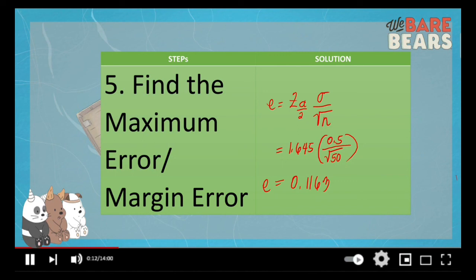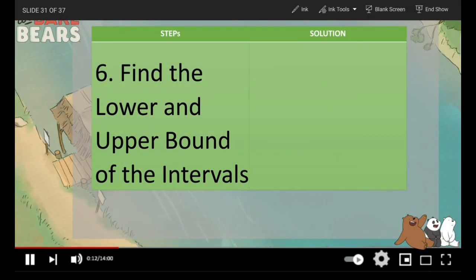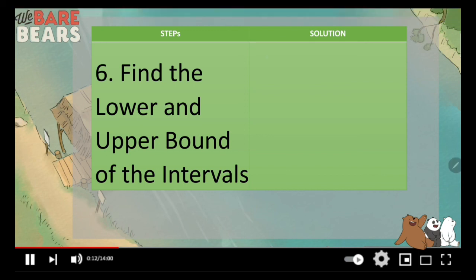After finding the margin of error or the maximum error, we may now proceed with determining the confidence interval estimate. So for step 6, we have to find the lower bound and the upper bound of the intervals, or we can determine the confidence interval estimate by getting the sample mean. So again, our sample mean is 3. For the lower bound, we have the sample mean minus the margin of error.